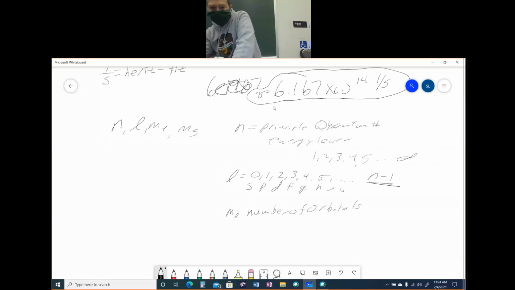So it goes from negative L, 0 is always included, to a positive L, and these are integers. So integers are whatever, in this case, -5, -4, -3, -2, -1, 0, 1, 2, 3, 4, 5.